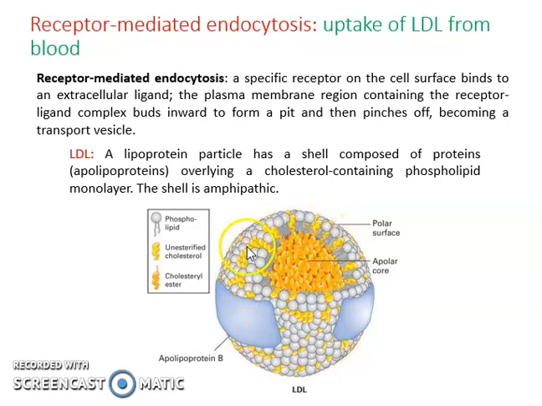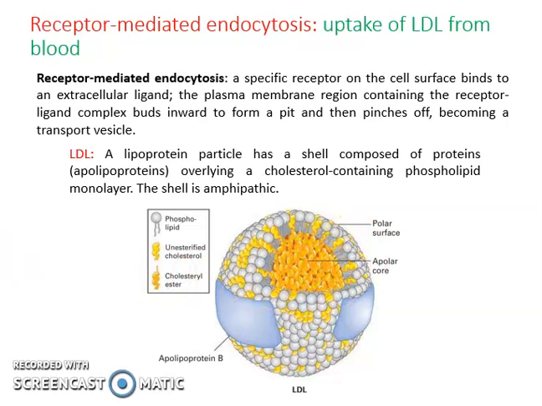This monolayer also contains cholesterol, and these are unesterified cholesterols which are typically found in the plasma membrane. This portion is the polar surface, and inside, the core is apolar because it contains the lipids, the cholesterol esters and also the triglycerides. So thus the shell is amphipathic: the outside is polar and the inside is apolar.